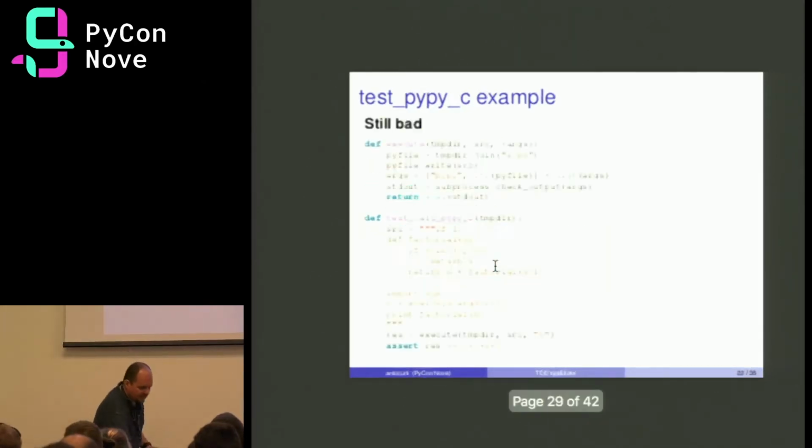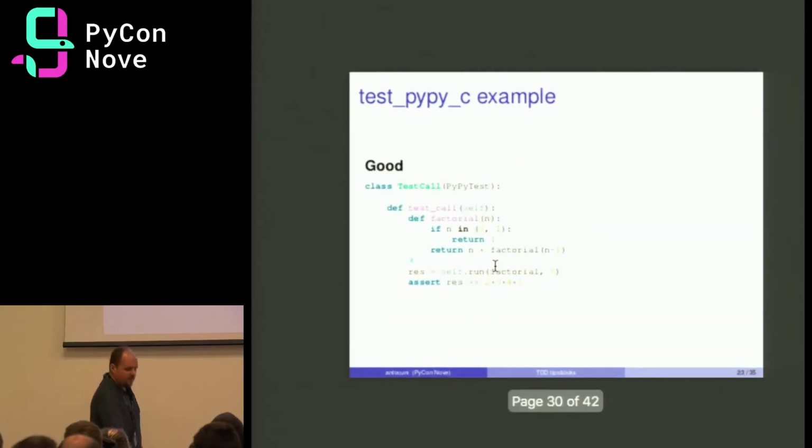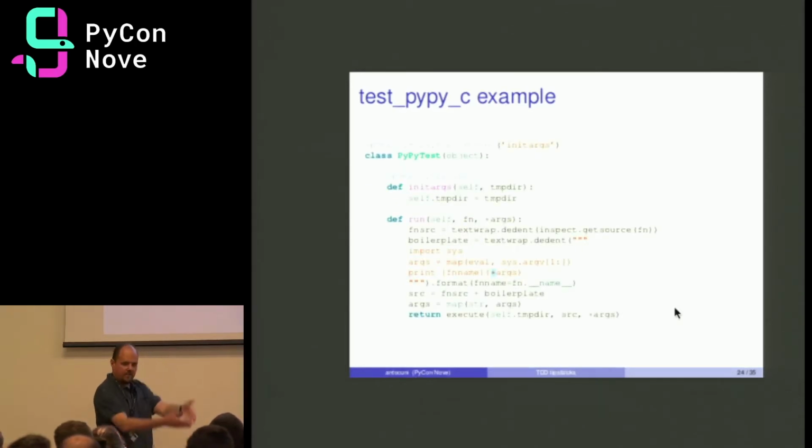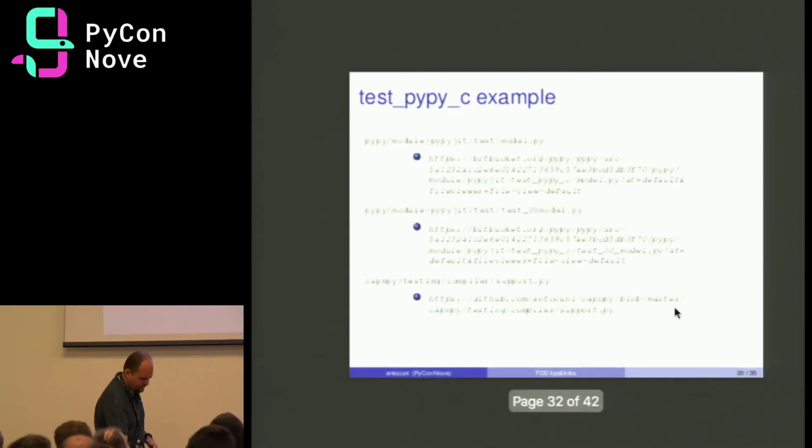So we started from here to here, and we ended here. I think it's obvious that once you have developed your PyPy test base class, writing new tests is very easy. You just write the function and execute it without having to care about all the boilerplate. It's also much more readable, because when you read the test, you just see what is the important thing, not all the boilerplate which is hidden in a corner. And of course, you can write a proper test for this class as well.